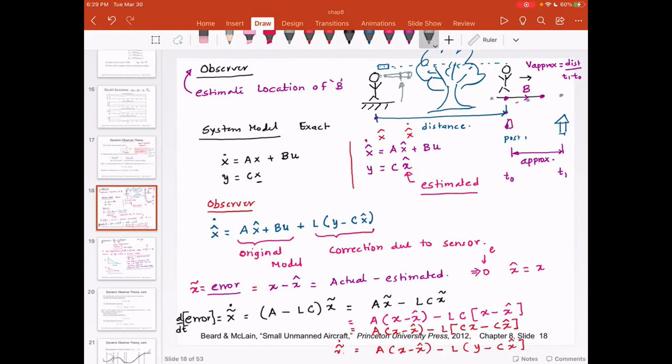In other words, we want to make the changes dynamically so that we can tune our observer in an optimal way. We'll try to get the best possible estimate. Everyone understood this?